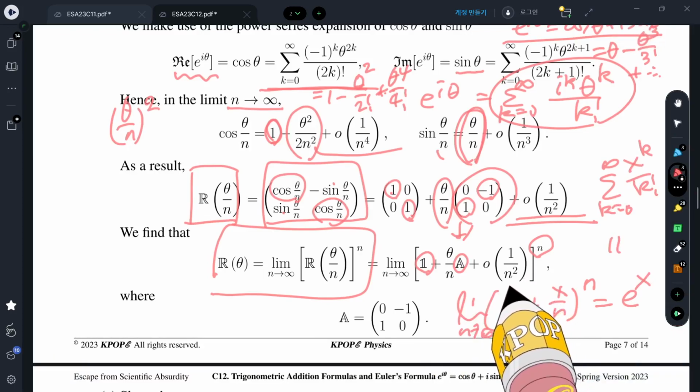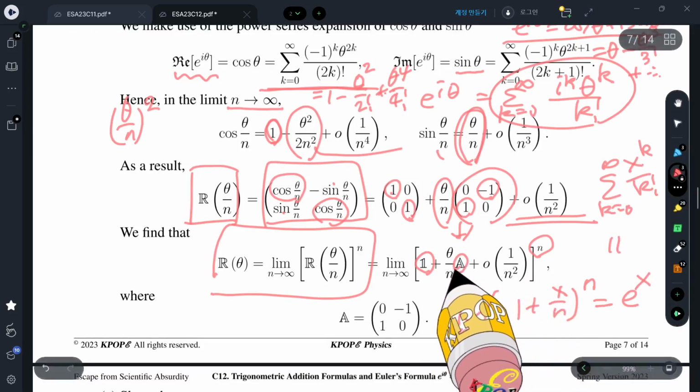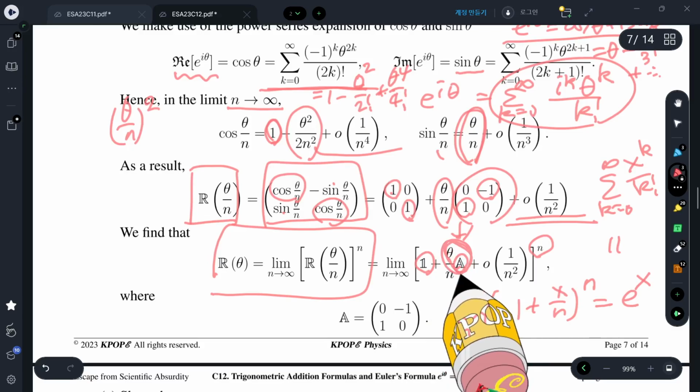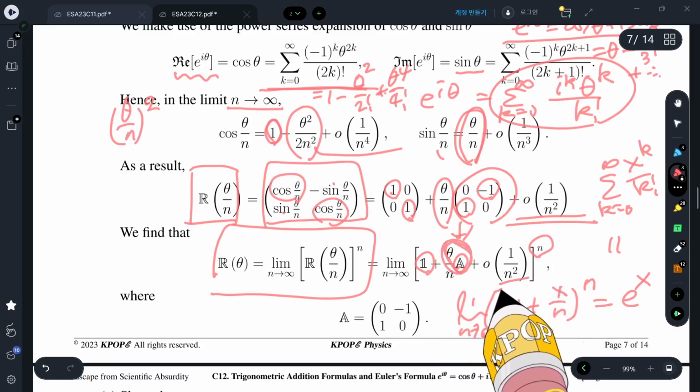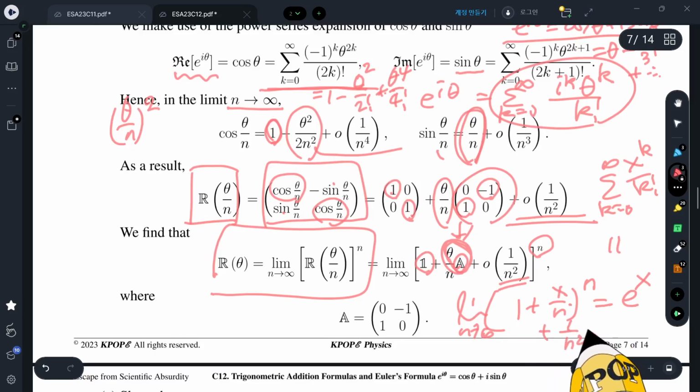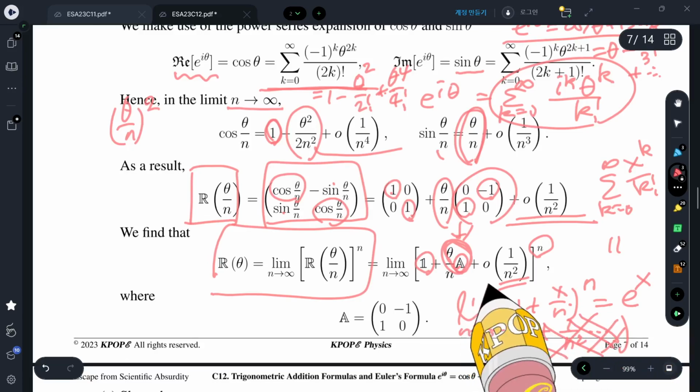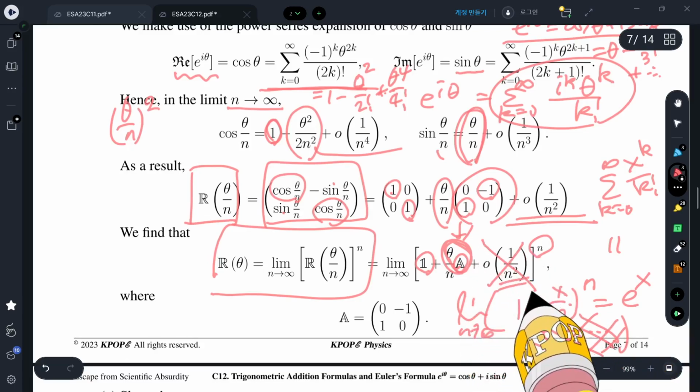What we have found is that this is just like a number, and the higher order pieces in the expression, we knew, vanish completely. So this one is nothing.